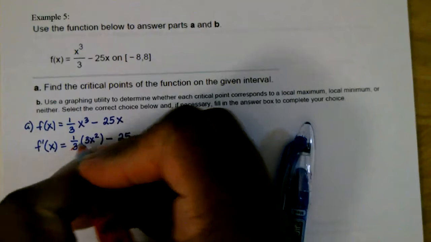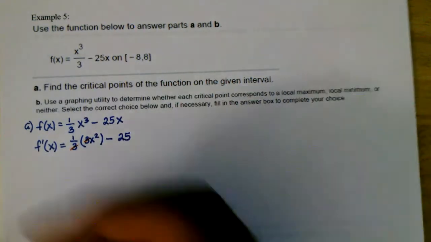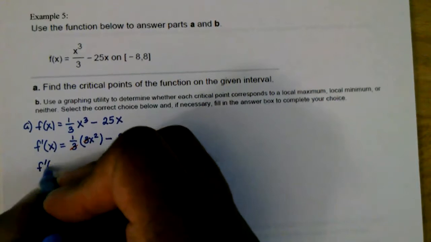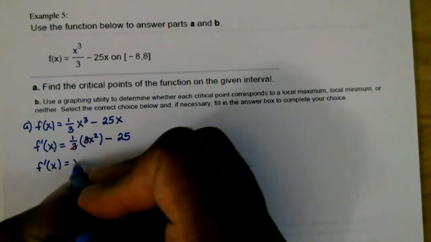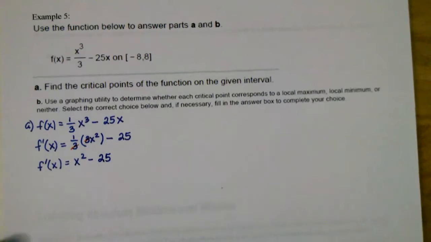And notice that these 3's are going to divide out. Here you'll be left with f prime of x being equal to x squared minus 25.